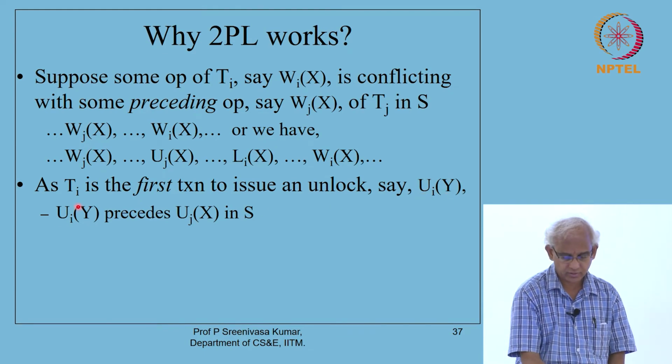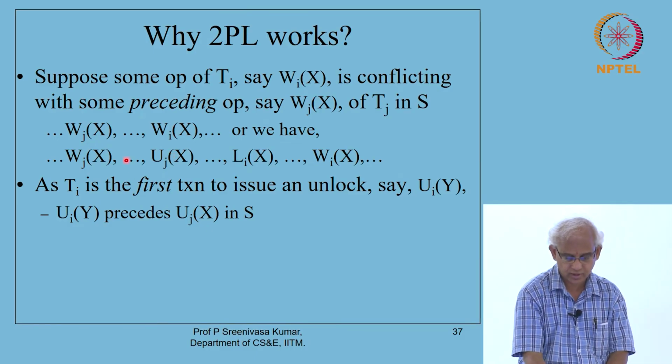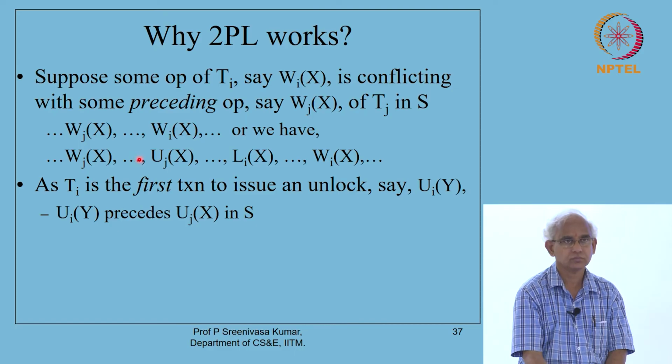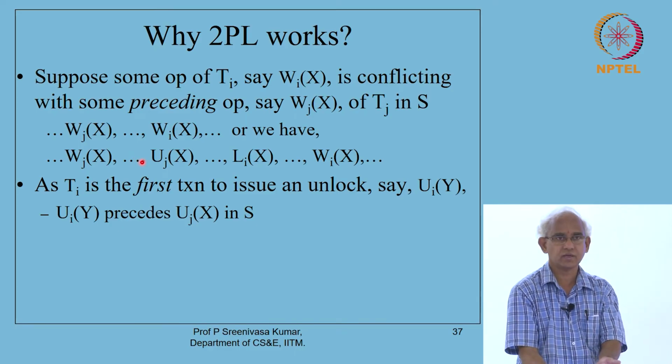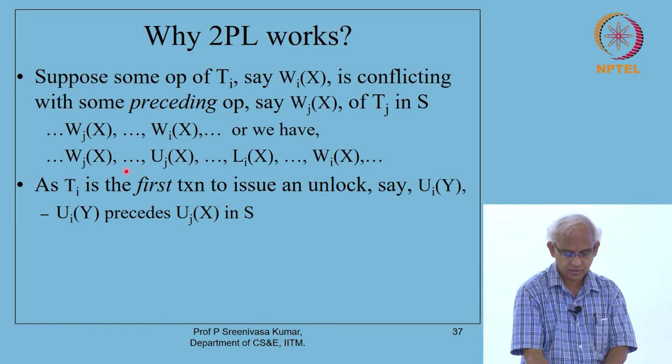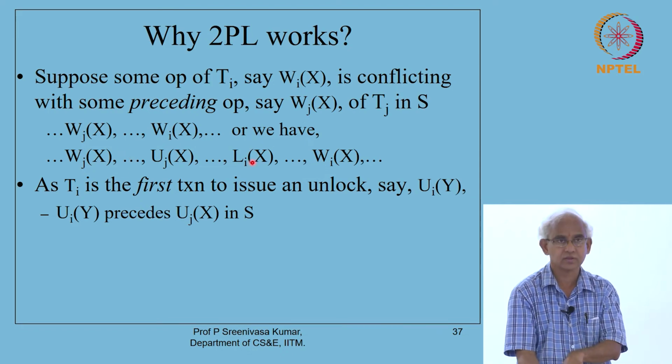So, this Ui must precede this, because this is also an unlock operation. We know that Ti is the one that gave the first unlock operation, so Ui of y should come somewhere here. But that immediately is a contradiction, because transaction Ti is forced to put its unlock here, and then after that lock this item x here.